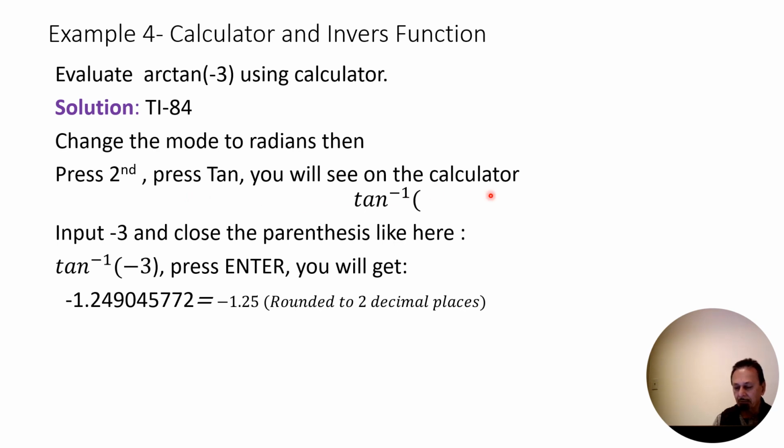You will see tangent minus 1 on the calculator, which is tangent inverse. Now input minus 3, close the parentheses, and press enter. You should get negative 1.2490, and then rounded to 2 decimal places, negative 1.25, or whatever the web assign tells you to round.